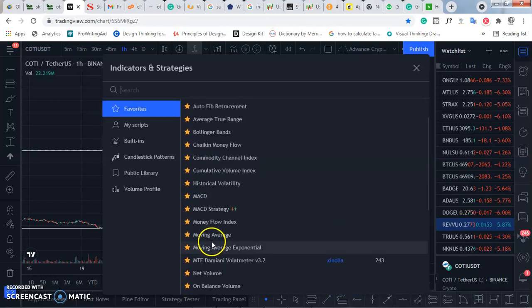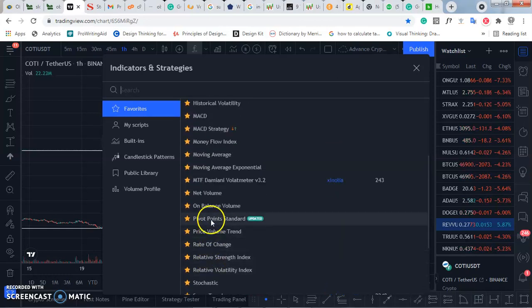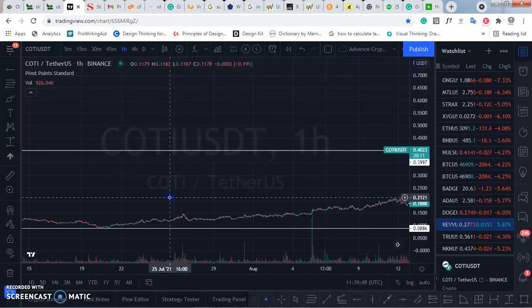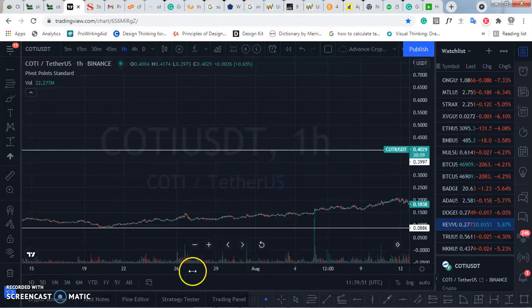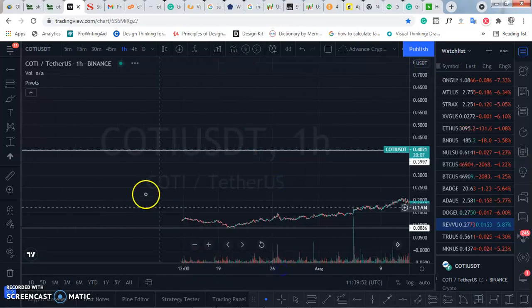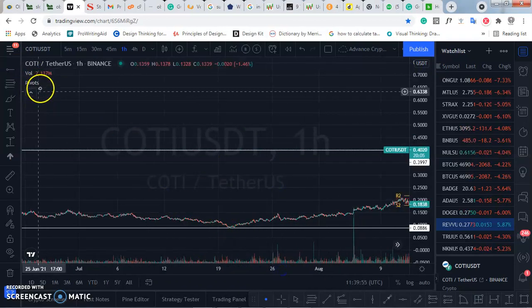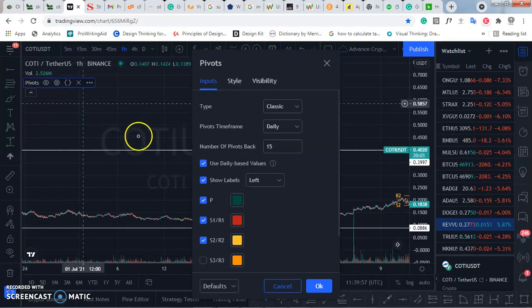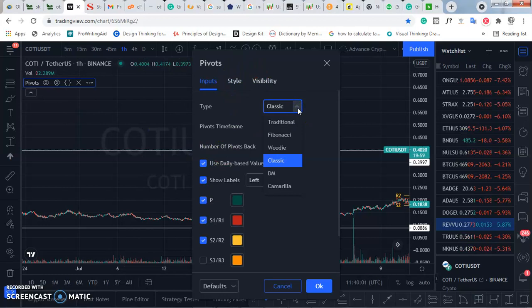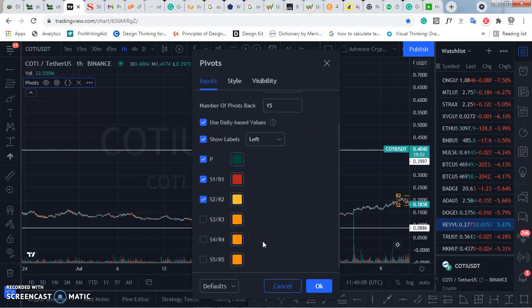You can use that pivot point indicator to identify these swings. When you put the pivot point, you have to set it. You come to the input, you put it on classic, and you put it on the daily time frame.